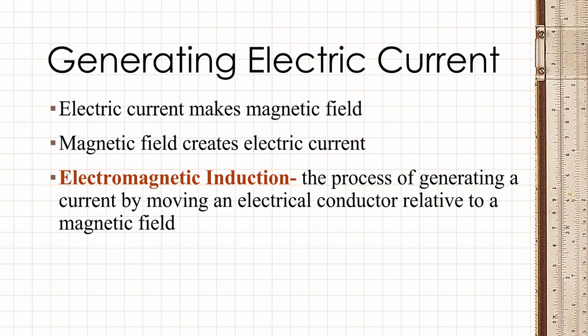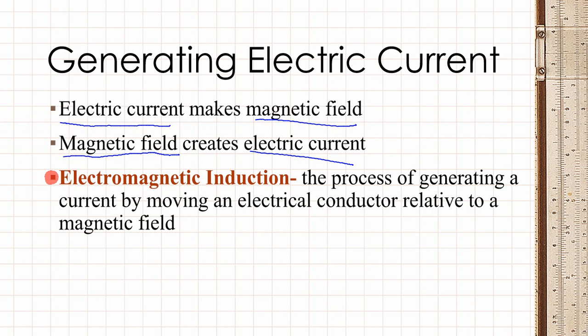Generating electric current. We know that electric current makes a magnetic field, and we know that a magnetic field creates electrical current. This we've known already. You've seen how this works. What we haven't known is this new name, electromagnetic induction.